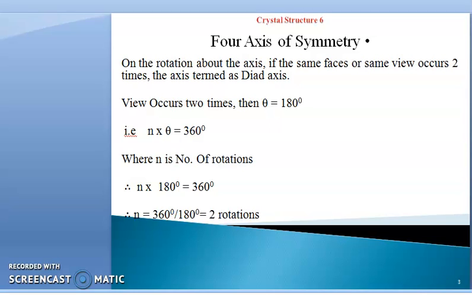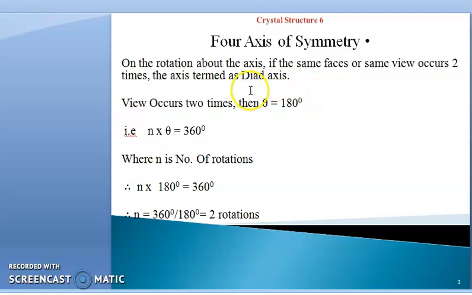Dyad axis. The same faces or same view occur how many times? 2 times. Then such an axis of symmetry is said to be a dyad axis. Then the angle of rotation is what?